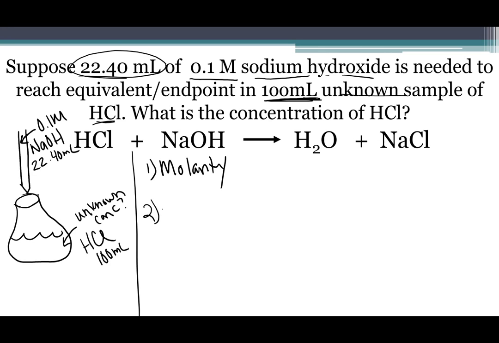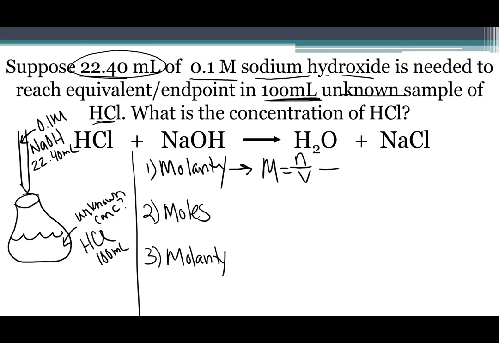Step 2, moles. Step 3, molarity. So step 1, we're going to do the molarity equation. So molarity equals n over V.